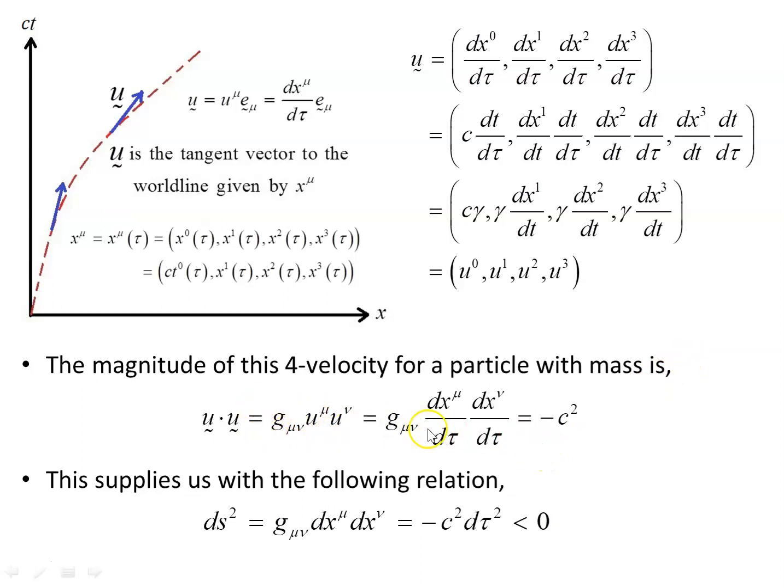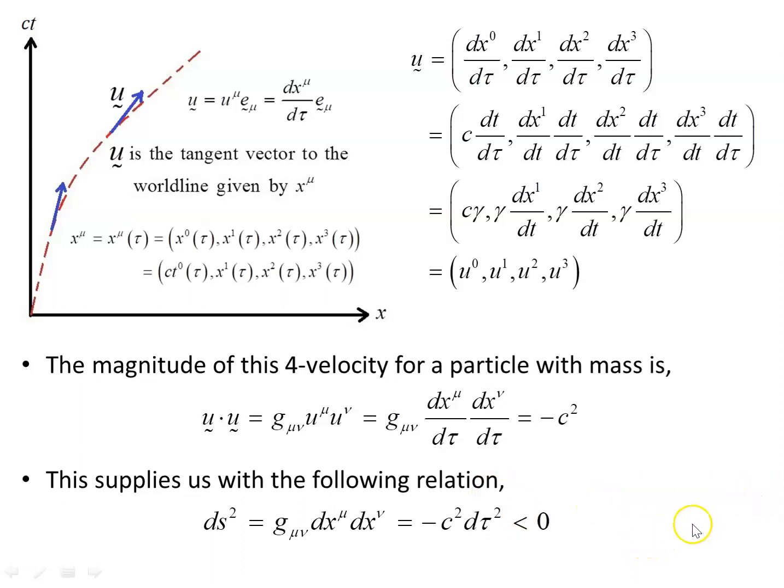If we just have a look here, this supplies us with an interesting relationship. If we separate the differentials a bit, we have the line element squared is g mu nu dx mu dx nu, but if we multiply through by d tau squared, so that we have minus c squared times d tau squared, we have that the line element for a time-like world line is less than 0, at least for the metric that I'm using in these videos.